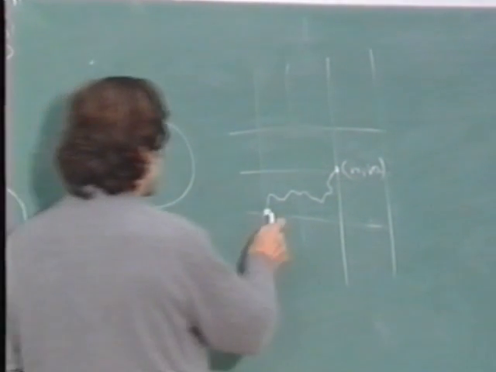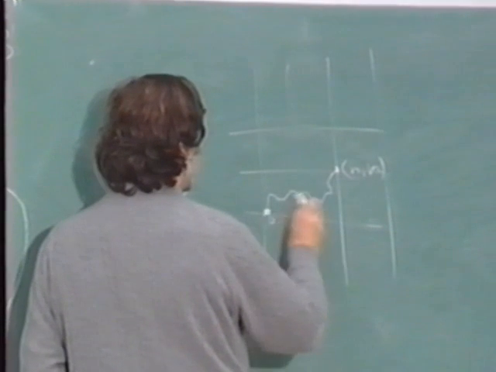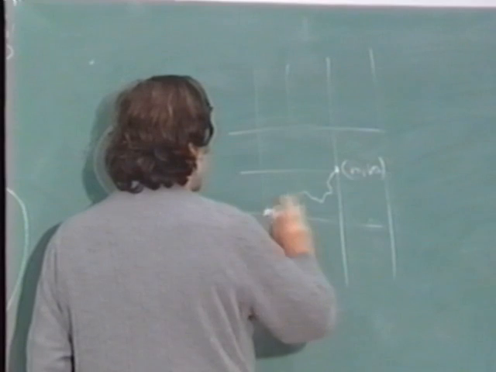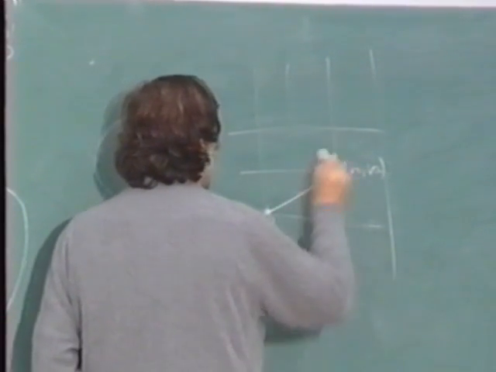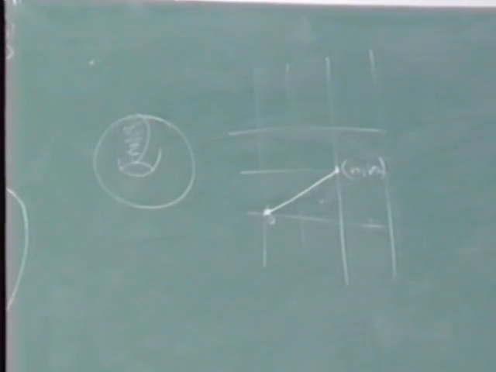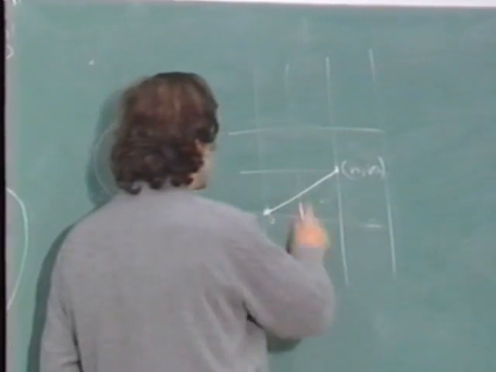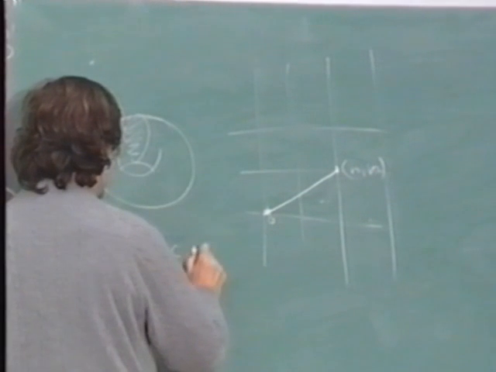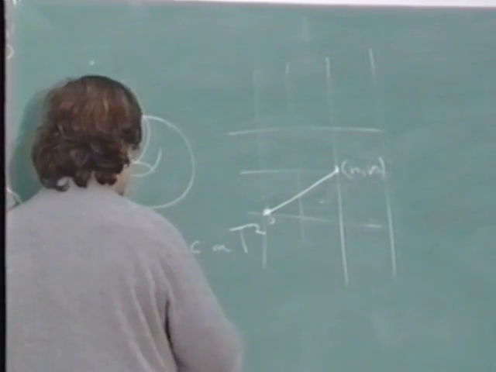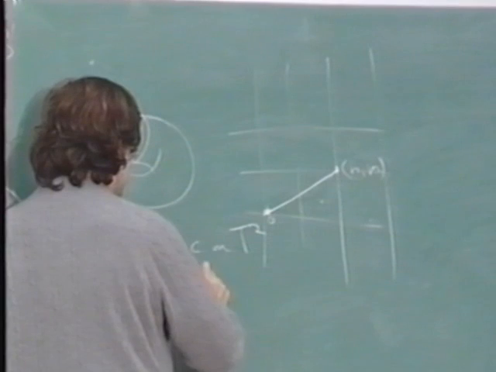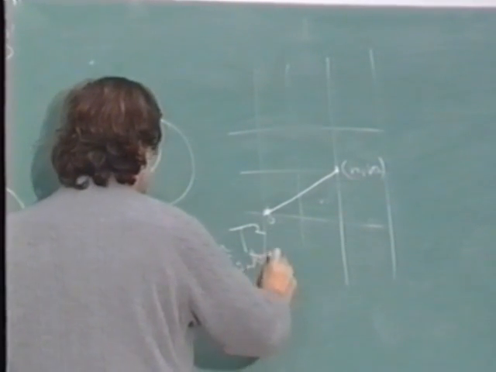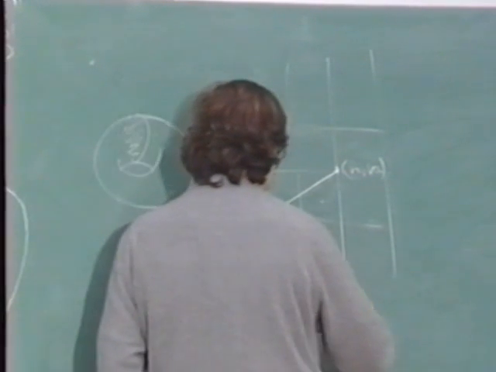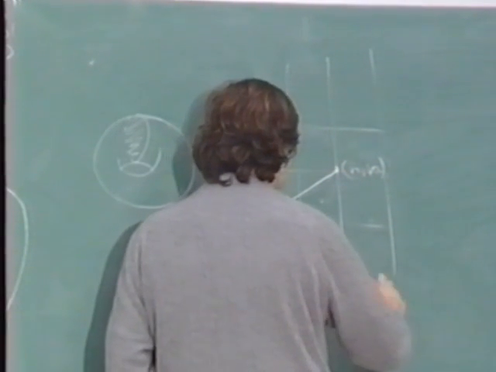And it's a standard theorem of two-dimensional topology that any such curve is isotopic to something that looks like a straight line here. So really simple closed curves on the torus up to isotopy are in one-to-one correspondence with pairs of integers n and m which are relatively prime.